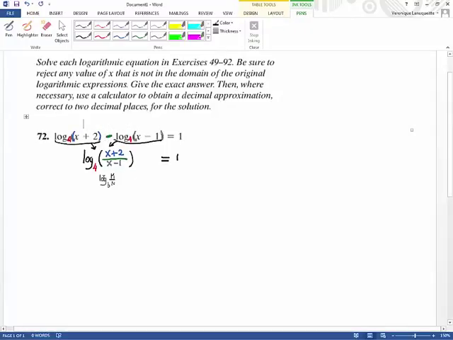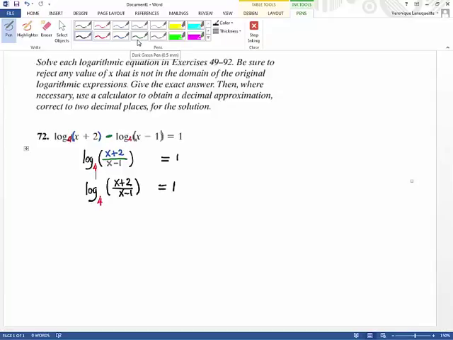So let's get rid of our formulas and let's just proceed with solving now this simpler logarithmic equation where we do have one log on one side equal to a number. So let me write it again just so we can have a clear view of what we're doing. And let me go ahead and zap my log.